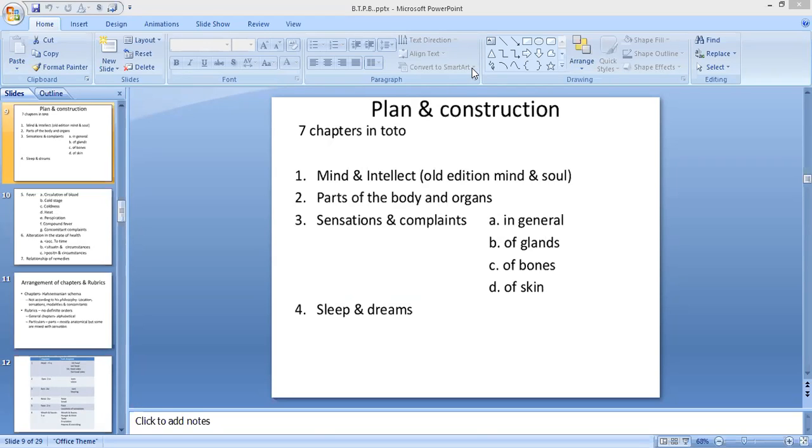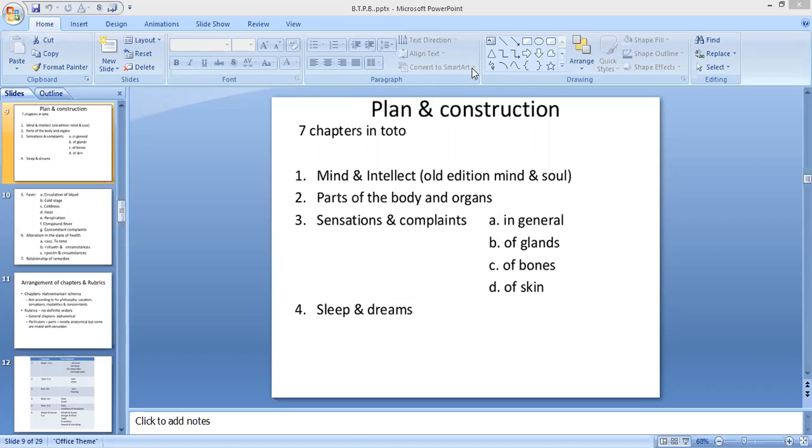Only 36 rubrics are there in the section mind and intellect, and the number of pages covered is only 8. Arrangement of rubrics in this section is alphabetical, and no subchapters are there in this chapter.